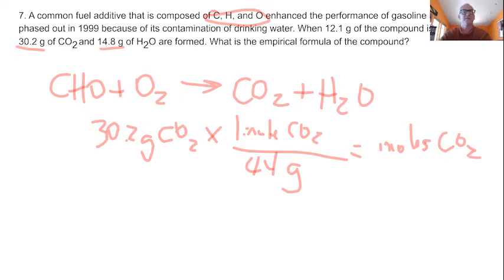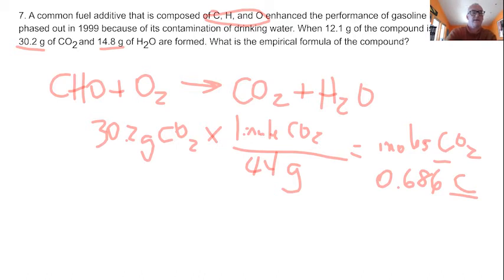Because for every mole of CO2, how many moles of carbon do you have? 1. Right, so that tells you how many moles of CO2, and it tells you how many moles of carbon. So that would be 0.686 moles of carbon.